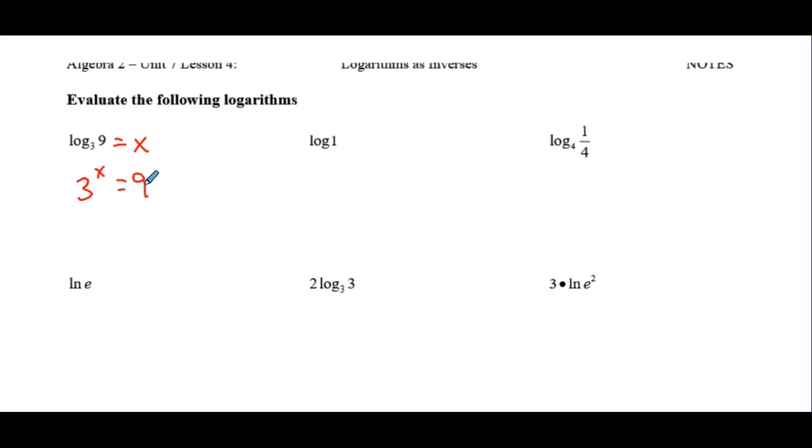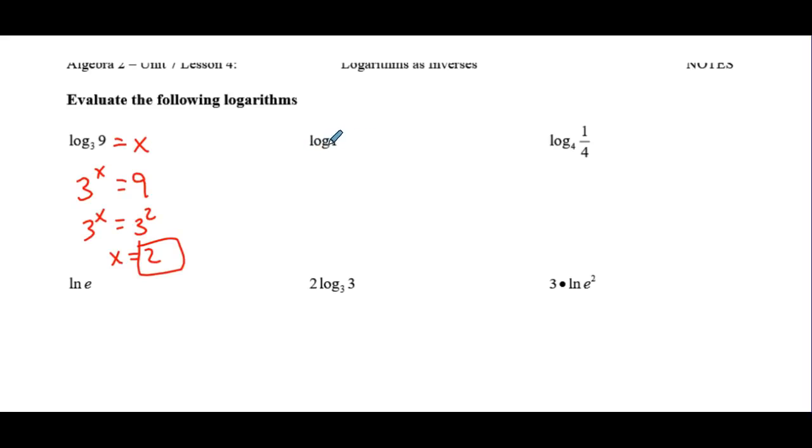Now you should be tying back to the day 3 notes and say, okay, well, 3 to the x equals 9, so 3 to the x equals 3 squared, so x equals 2. So log base 3 of 9 is equal to 2. The solution is 2, right? Anytime you see a log base 3 of 9, you can substitute in a 2.